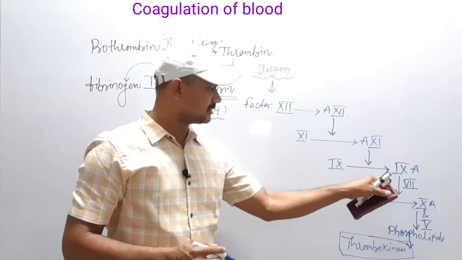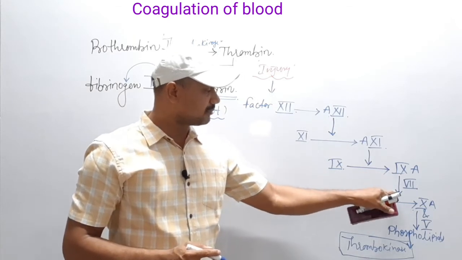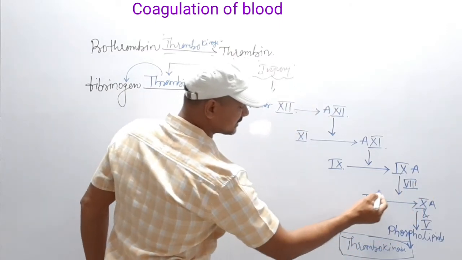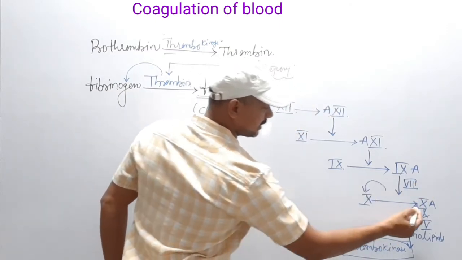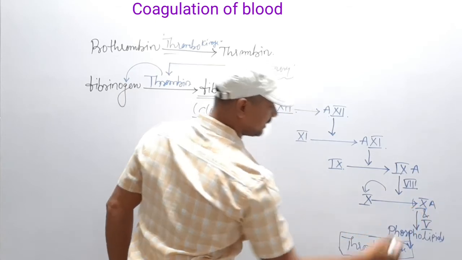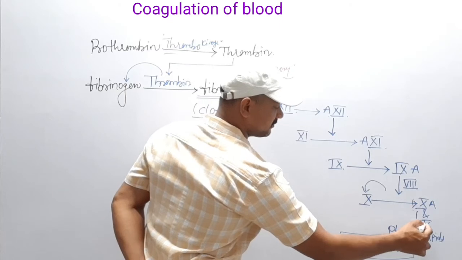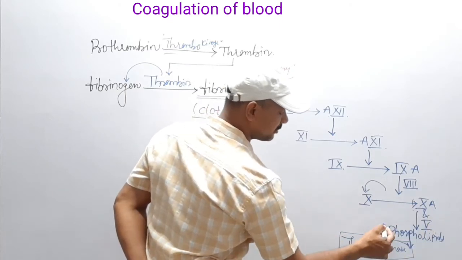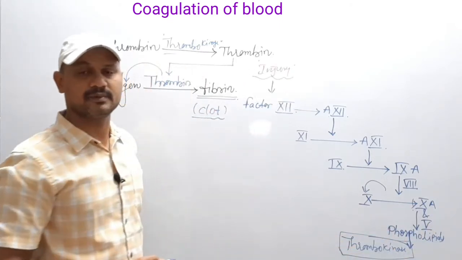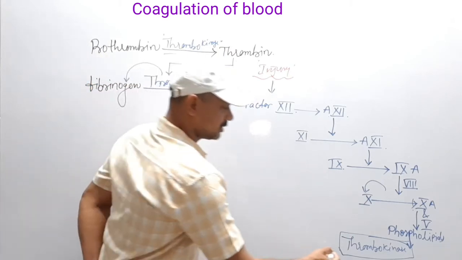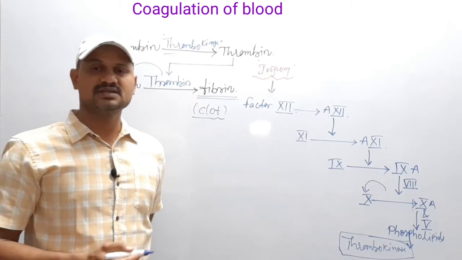Then the activated 9th factor combines with the 8th factor, and then acts on the 10th factor. Immediately this one is activated, and after activation of the 10th factor, it combines with the 5th factor and phospholipids, and finally the formation of thrombokinase, the enzyme complex.